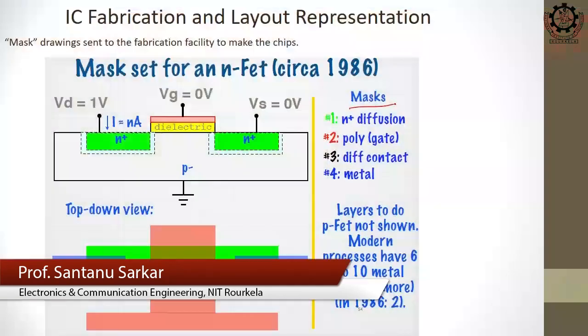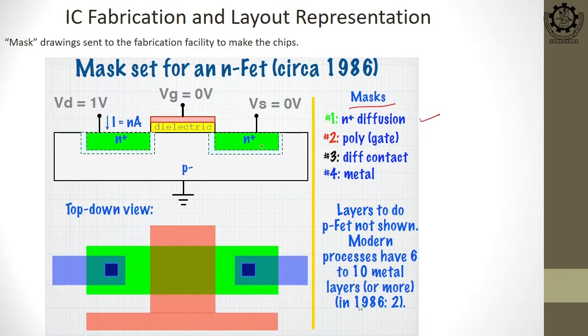So, last day we have seen the layout structure of the NMOS, right. These are the masks: one is N plus diffusion, right. This is the poly material, and we have diffusion contact and some metal.